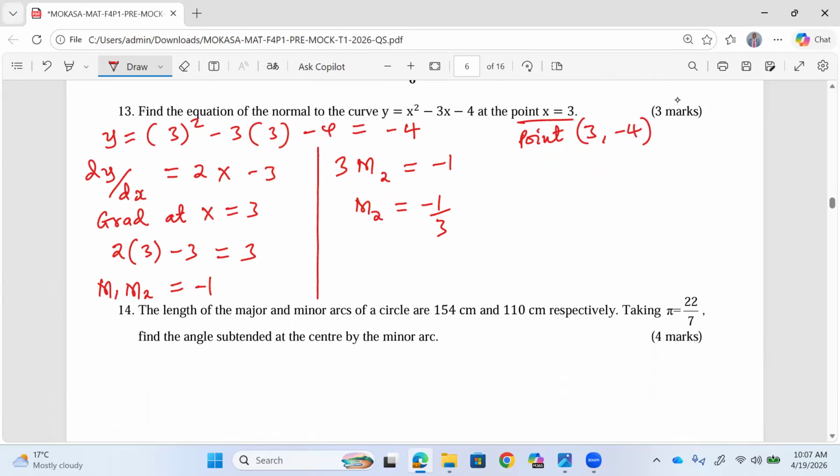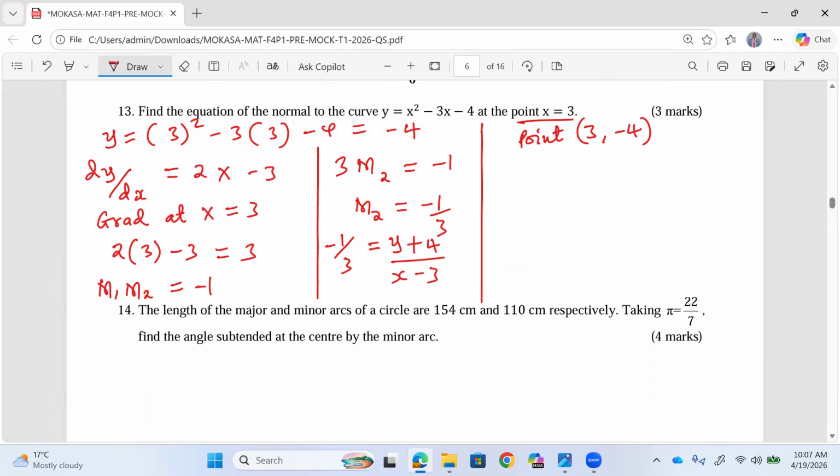This is a wonderful question. We need now to express the equation. So negative a third equals change in y, y minus negative 4, out of change in x, x minus 3.